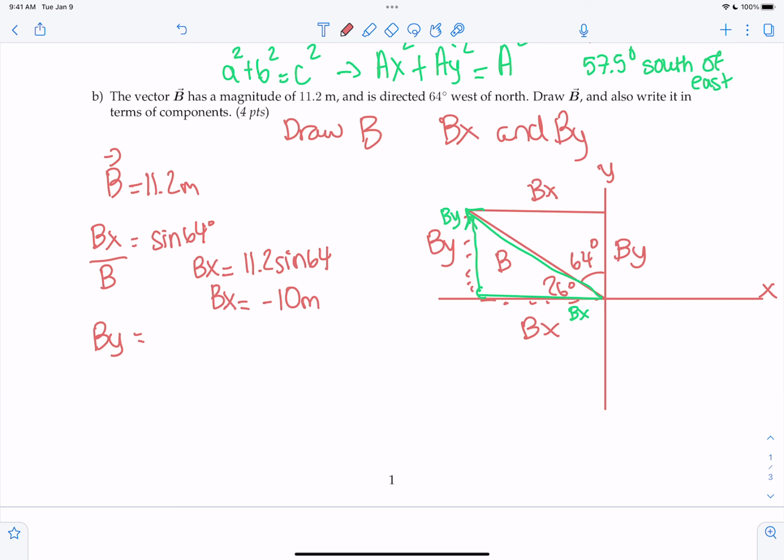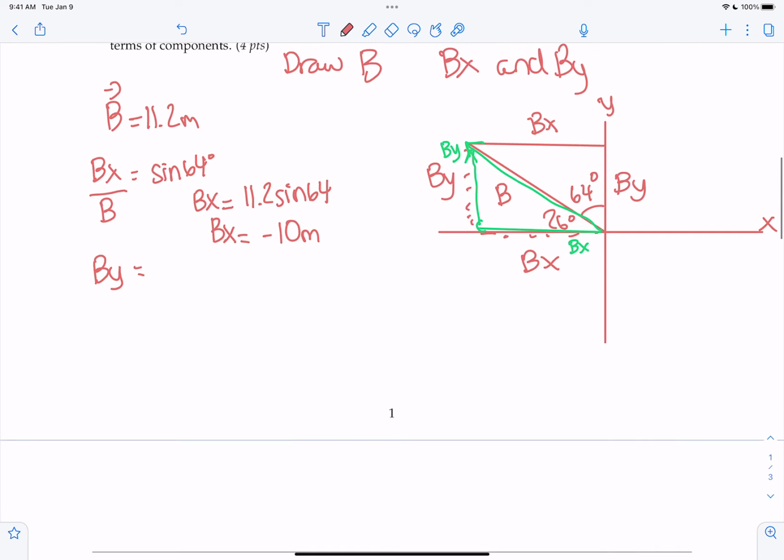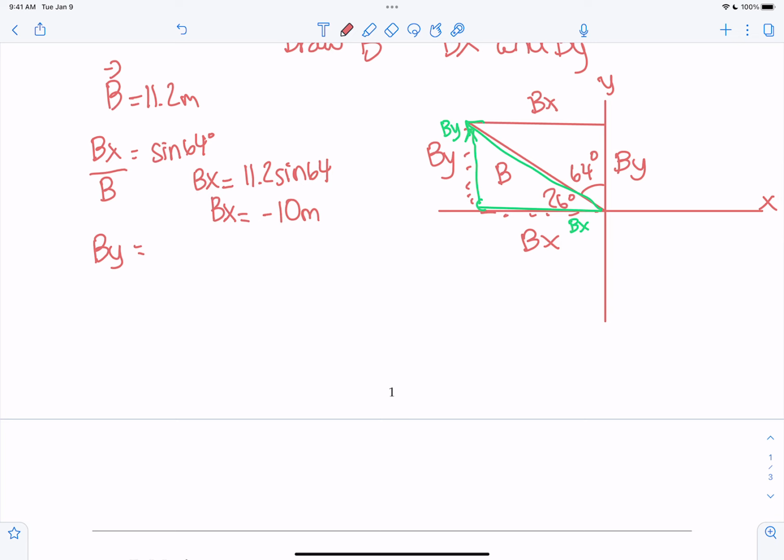And then for by, what function are you going to use for by? Cosine, right? So by over b is equal to cosine 64. B is 11.2, so by is equal to 11.2 cosine 64, right? By over b is going to be adjacent over hypotenuse there.